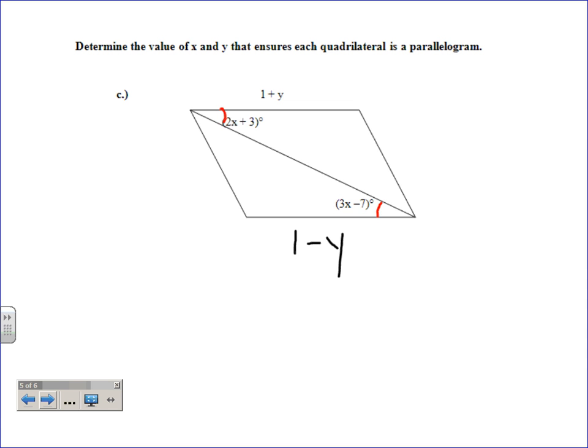So proving these two congruent actually does what? Proves that these two are parallel. That's what it actually does. Does that help me then? Again, you don't just set things equal just to set things equal. Have a reason for it. That does help me because then if I can also make those sides congruent, those sides are both parallel and congruent at the same time, which is number 4. Okay? And so let's see if we can do that. Let's go ahead, set 2x plus 3 equal to 3x minus 7, and see what you get.